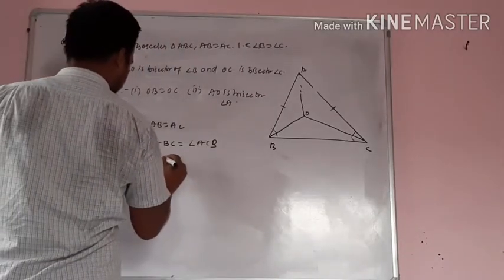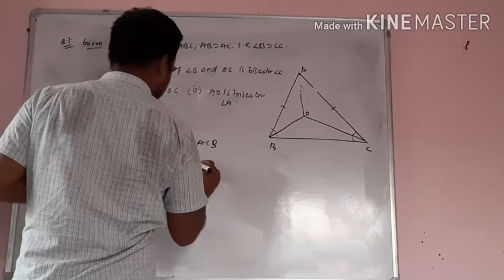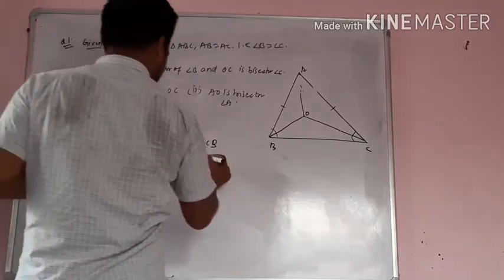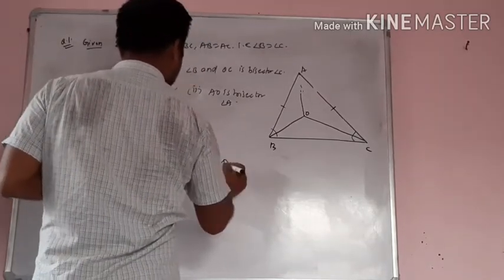So half of angle ABC will be equal to half of angle ACB.